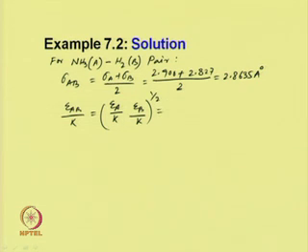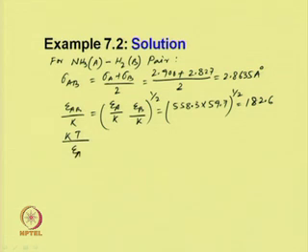So, it will be 558.3 into 59.7 to the power half, which is equal to 182.6. So, with this value, KT by epsilon AB will be 373 by 182.6, which will give you 2.04.